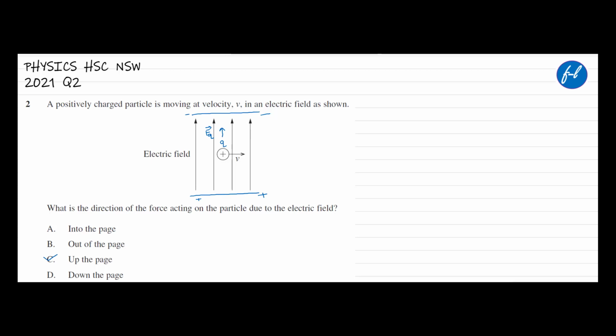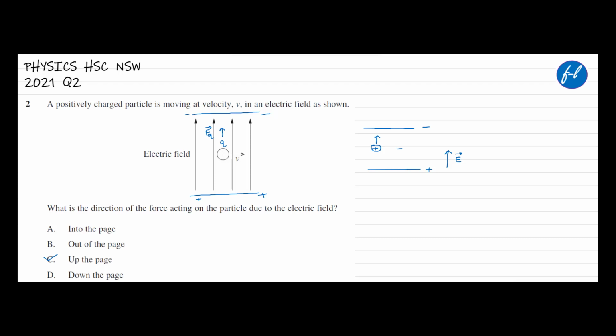I want you to be familiar with different possibilities or different combinations in which this question can be asked. So one thing is very clear. If we have, for example, a negatively charged plate and a positively charged plate, and the electric field therefore will point in this direction, if we keep a positive charge over here, then the force on this positive charge will be in the upward direction.